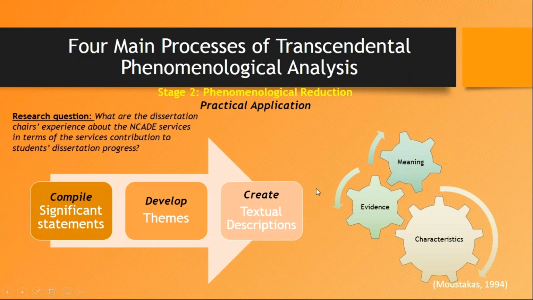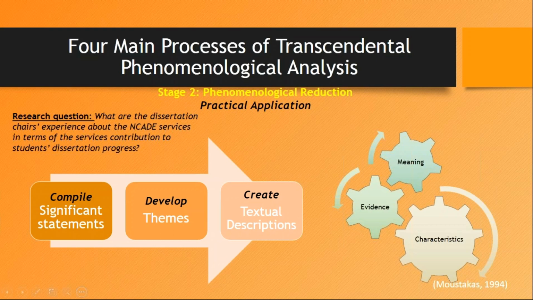So you present each theme and give the meaning of the theme. What are the characteristics of the theme? And then evidence is the relevant information to support the theme, right? So you present each of the themes, the meaning of the theme, and the evidence to support them.